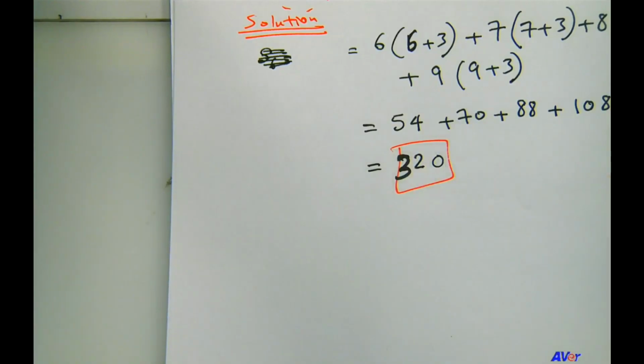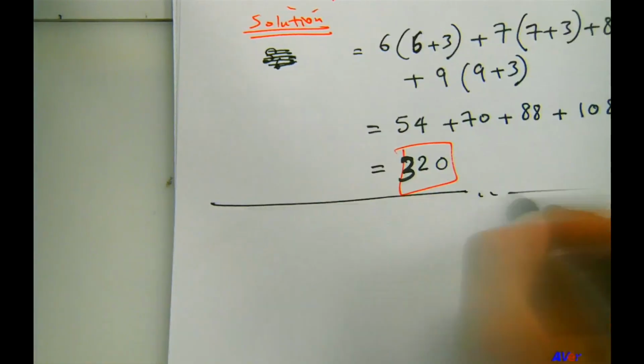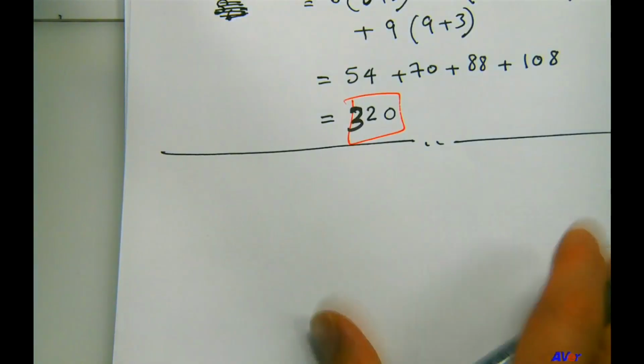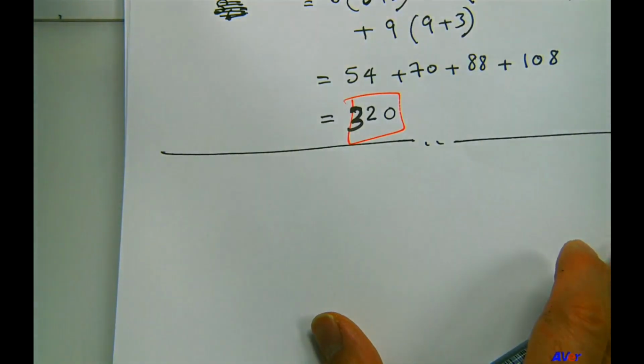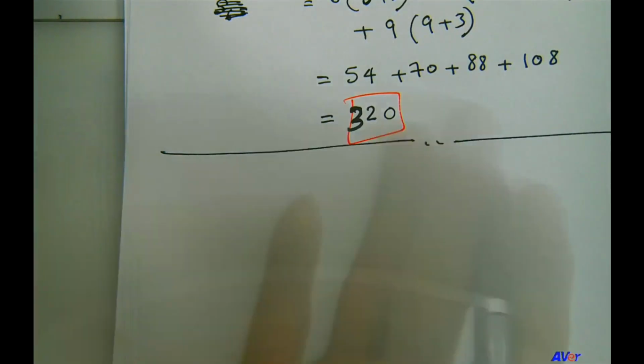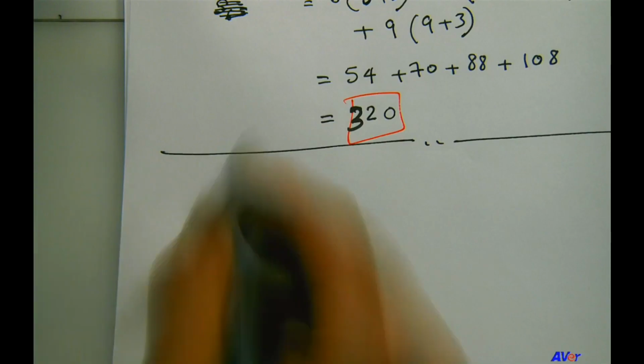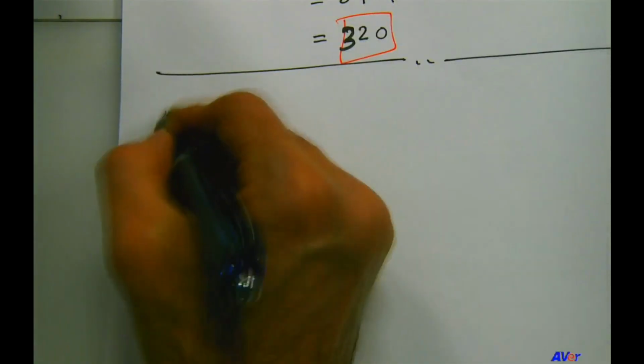So let's do another example. This time we're going the opposite. This time we are given terms in a partial sum, and we want to use that to write the sigma notation, or the generalized notation using sigma, for the partial sum.